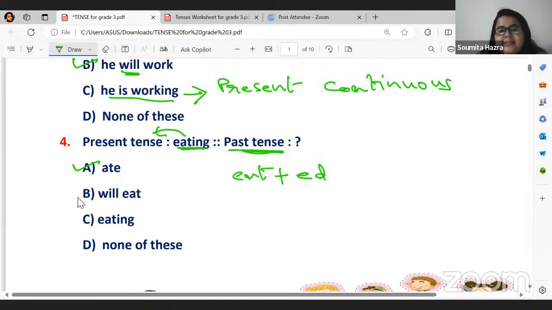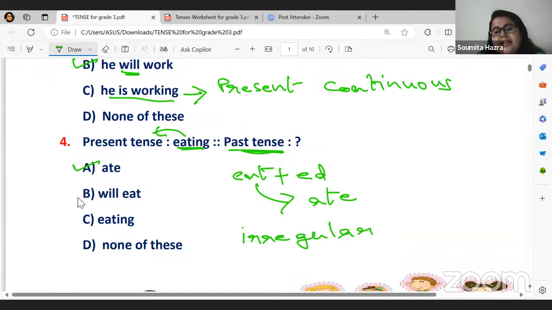Eat turns into a new word, and that word is ate. When I want the past form of the verb eat, the new form is ate. And that is why eat is an example of an irregular verb.